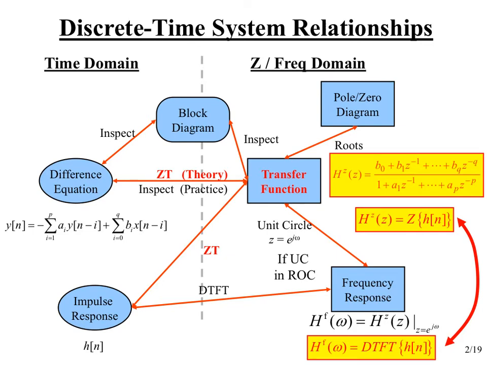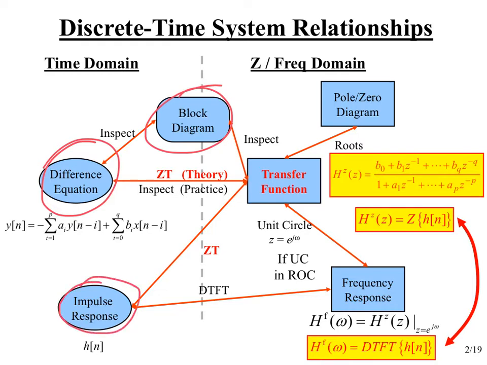Just hitting this block diagram again of this kind of roadmap of all the discrete time system relationships. This is something that I made up long ago to just kind of show in a snapshot all the different tools that we have available and how they're related. So far in this course we've already talked about the difference equation and the block diagram and the impulse response.